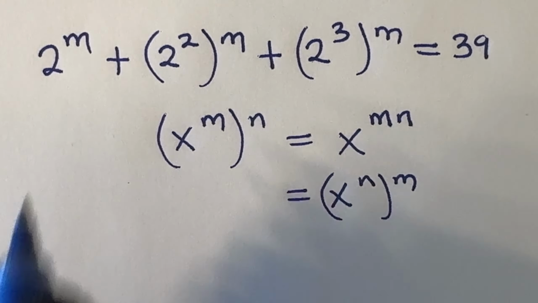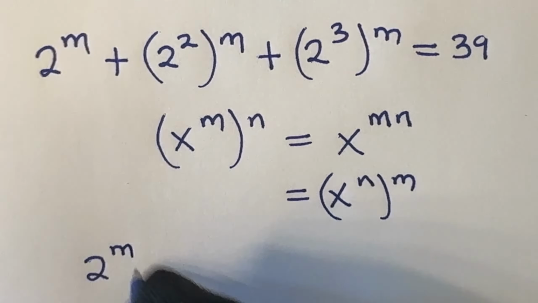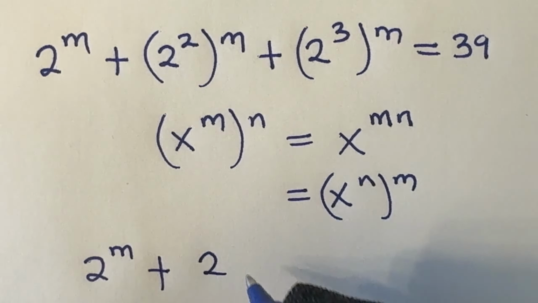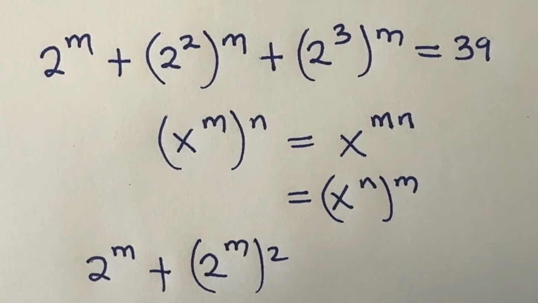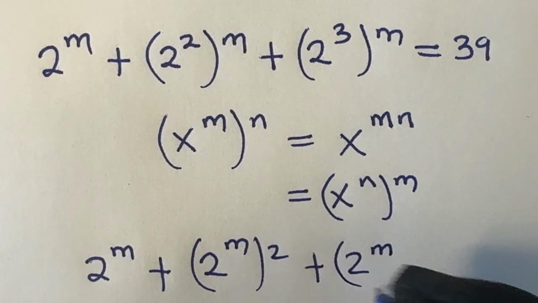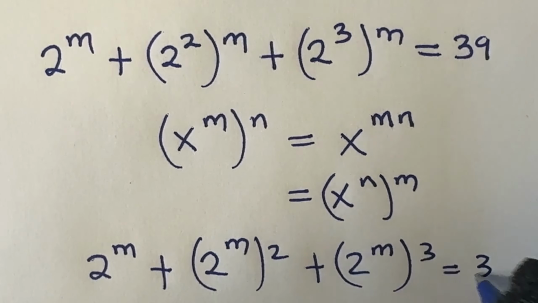Using this rule, this becomes 2 raised to power m plus 2 raised to power m raised to power 2 plus 2 raised to power m raised to power 3 is equal to 39.